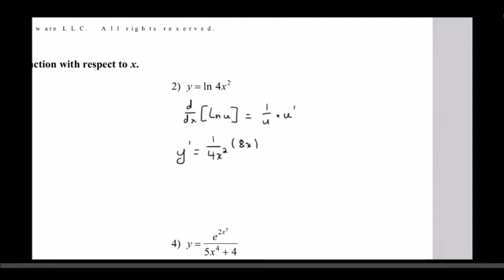So this can be rewritten as 8x over 4x squared. Simplifying, you would get y prime equals 2 over x, because the 8 and the 4 cancel to a 2.